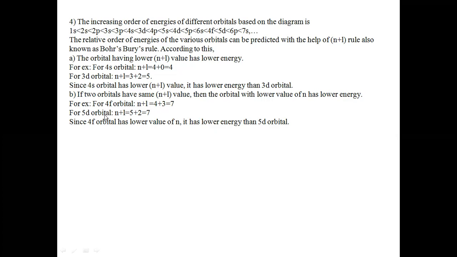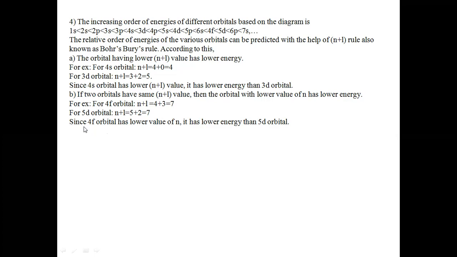And for 5d orbital, n will be 5 and L will be 2. So 5 plus 2 will be 7. So for both the orbitals, 4f and 5d, we got the n plus L value as 7.